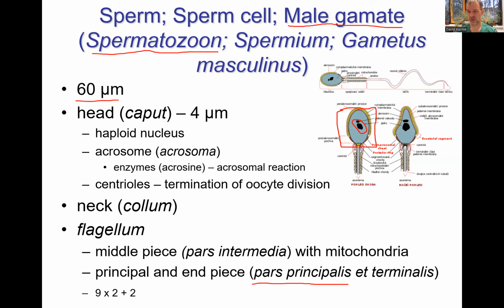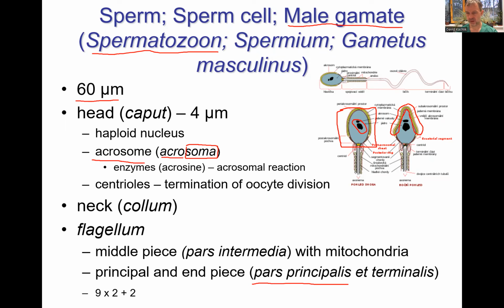Then we have the acrosome. Acrosome is a vesicle containing very important enzymes like hyaluronidase and acid phosphatase and so on to allow the sperm to pass through zona pellucida and corona radiata of the ovum in a female genital tract. So that's acrosome, which means the part of the sperm which is at the very end, acros.